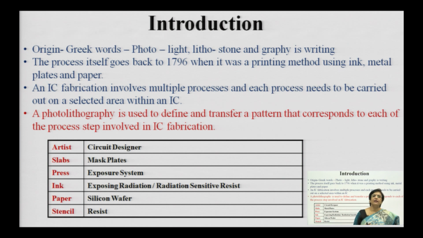Now, what exactly does lithography mean? It originates from Greek words, where photo means light, litho means stone, and graphy is writing. That means writing on a stone, and here since we are using light as a source for exposing that particular thing, we call it photolithography.